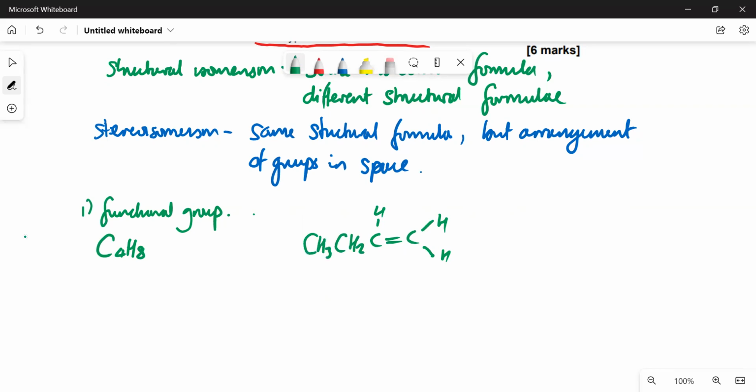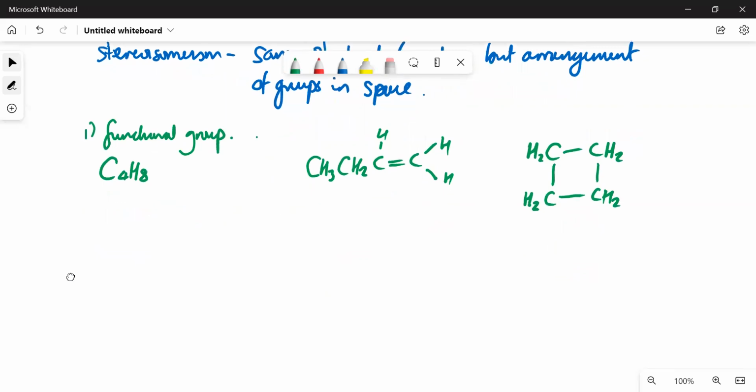And you can have cyclobutane, with two hydrogens on each carbon, CH2 and all of those. Okay, so they're functional group isomers. All right, now let's do the next thing, which would be positional isomers.